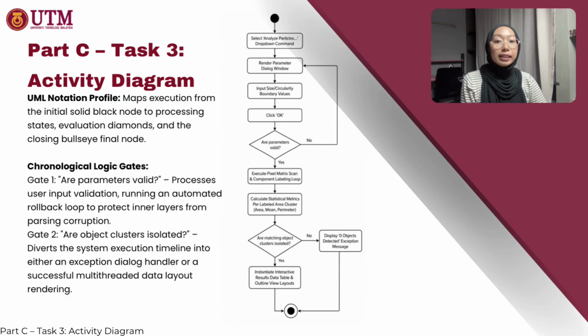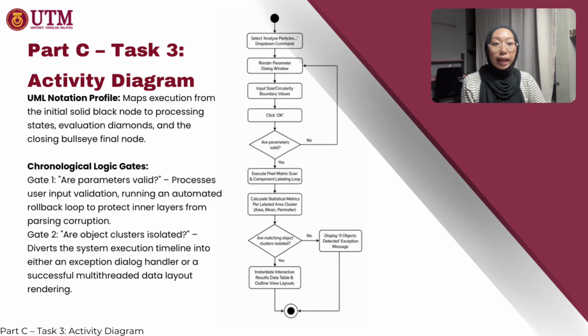To visualize the exact chronological execution of this use case, I developed this vertical activity diagram using standard UML notation. The process flows strictly top to bottom, starting at the initial node. There are two critical decision nodes acting as quality control gates.